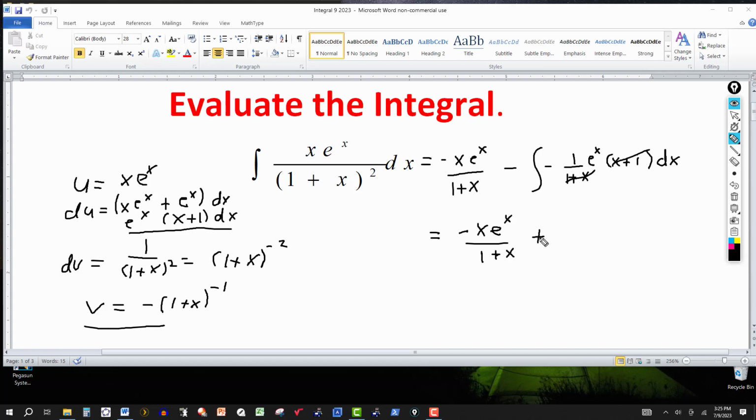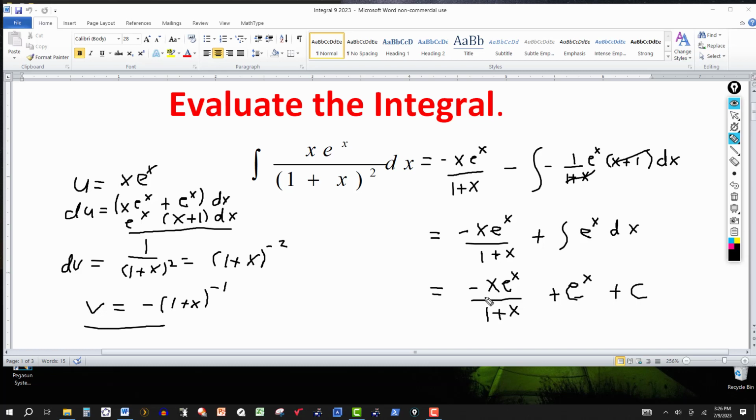Now I got left, and the integrand there is e to the x dx. And we're pretty much finished here. Got minus x then e to the x over 1 plus x. And then the integral of e to the x with respect to x is e to the x. And then you got your constant of integration.